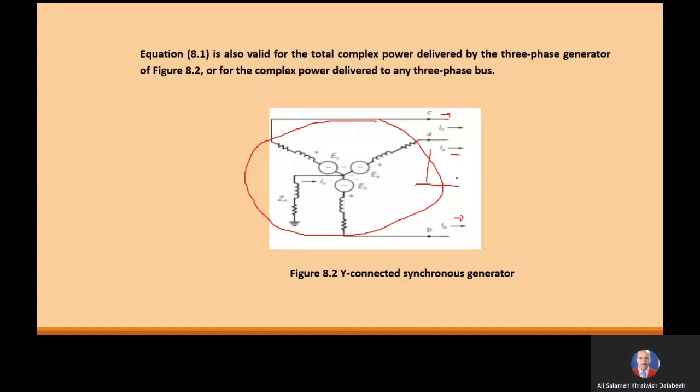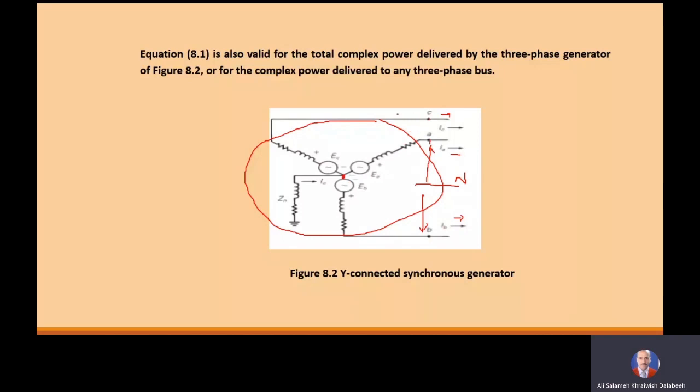This is the neutral. The voltage of phase A means the voltage between the terminal A and the neutral. And the voltage of phase B is between terminal B and the neutral.